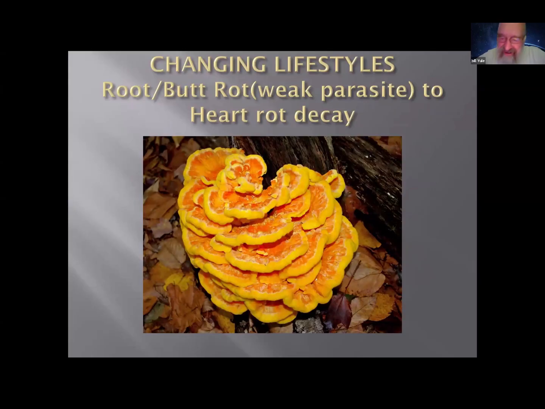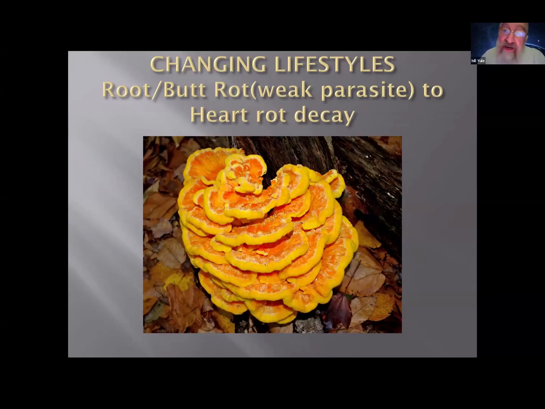So I want to talk about saprobes that change their lifestyle. And this beautiful sulfur shelf, Laetiporus, is a good example of a heart rot fungus that starts as a weak parasite and gradually works its way into the heartwood of a tree.